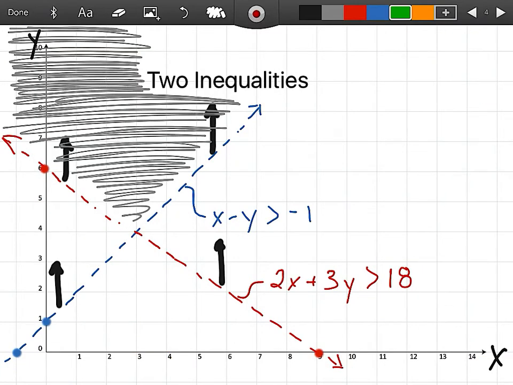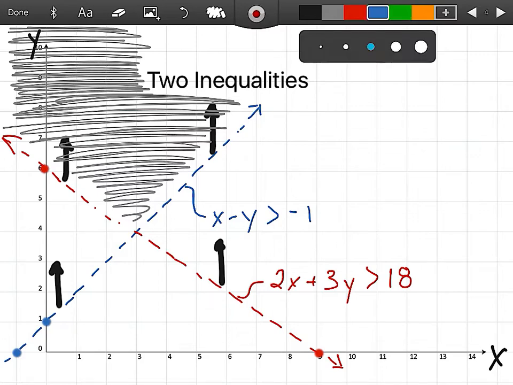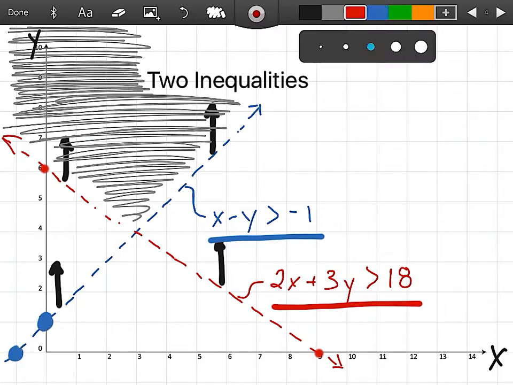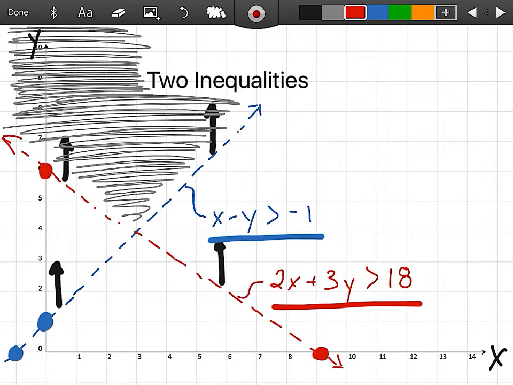So, same two lines. This time they're both inequalities. So the x minus y is greater than -1, and my 2x plus 3y is greater than 18. So I do the same method of plotting the points, the blue dots and a dashed line representing the greater than, red dots at the intercepts, and a dashed line representing its greater than.